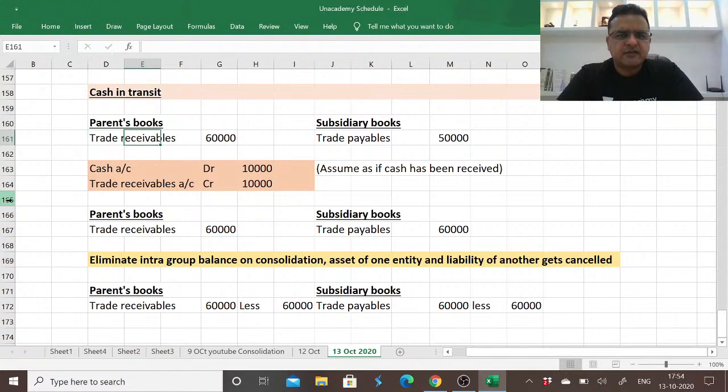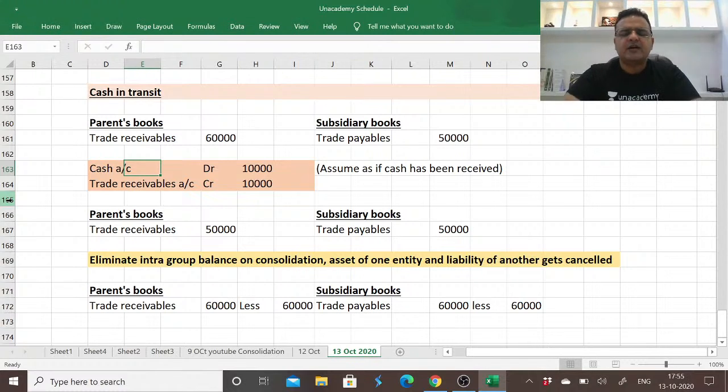So cash in transit: receivables 60, payables 50. When we pass these transactions, the receivables also reduce to 50,000 and payables are already at 50,000. So the first treatment is dealing with cash in transit. We assume as if cash has been received, so receivables reduce by 10.